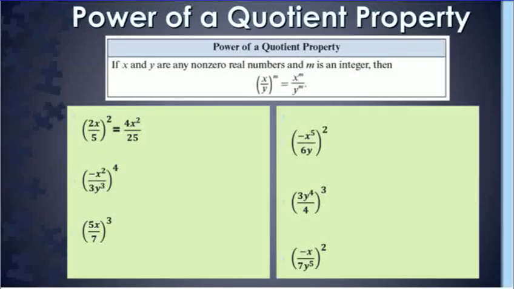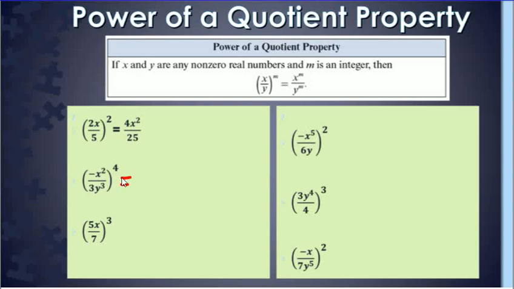Next, the power of a quotient property. So if we have fractions and we raise them to a power, we have to raise both the numerator and the denominator to that same power. So the first one's been done for you, 2x over 5, all that raised to the 2nd power. 2 squared is 4, x to the 2nd power is x squared, 5 squared is 25. So we'll do the same thing.